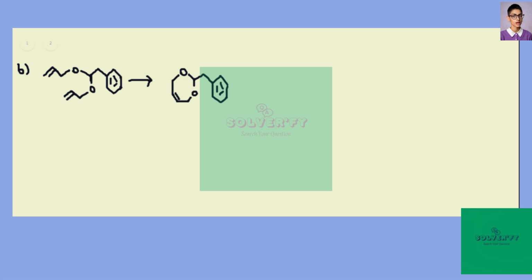Okay, and then the synthesis of the starting material. Again, we have to start from benzene. So let's start from benzene. Okay, the first thing we're going to do here is going to be to brominate that benzene ring. So bromine, iron bromide.